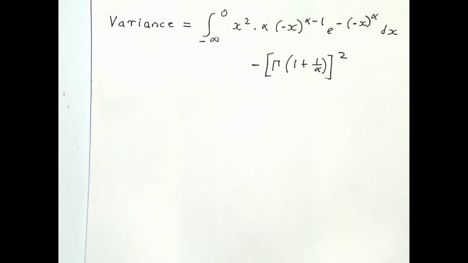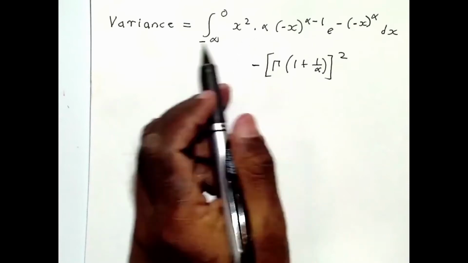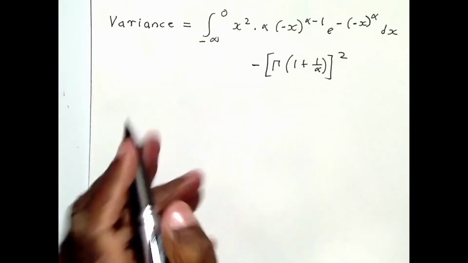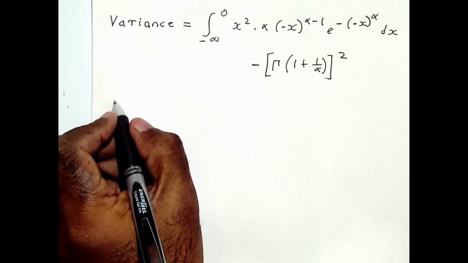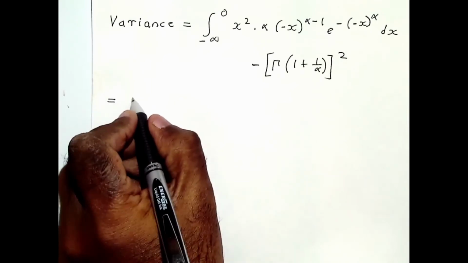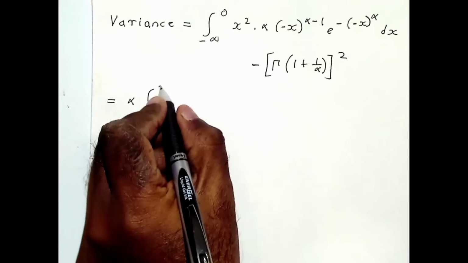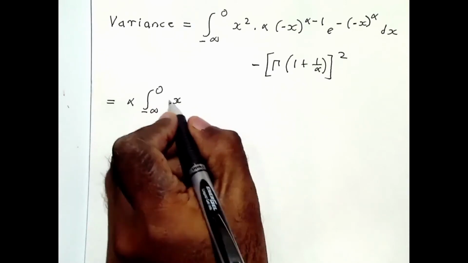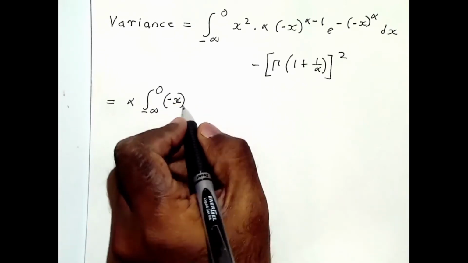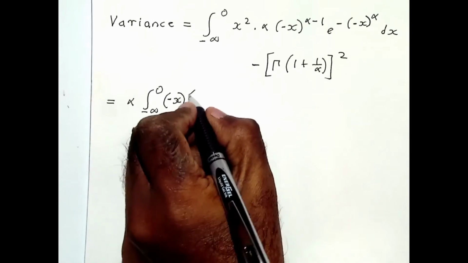Alpha is a constant. You can pull it outside. These two you can combine. So this becomes alpha times minus x power alpha plus 1.